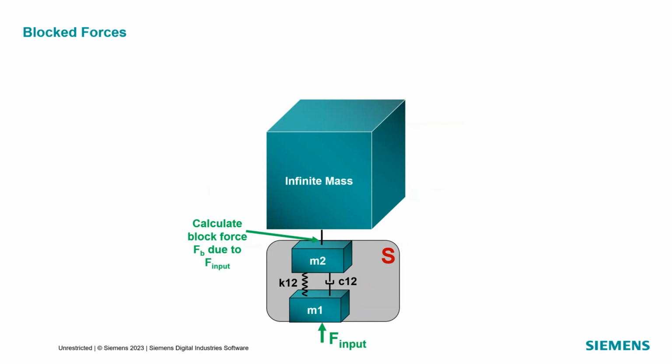In the transfer path software, there's things to support this. Like if you had to test with some kind of supporting structure, you can measure FRFs across it to block out the influence of the support rig to get this blocked force.